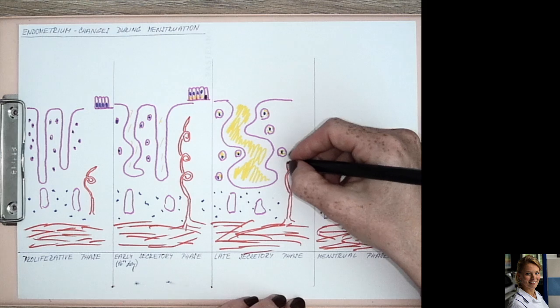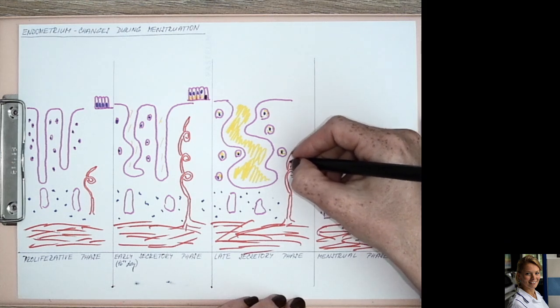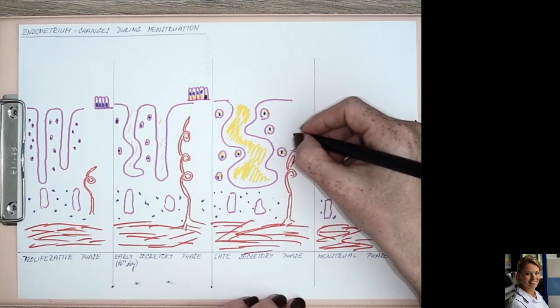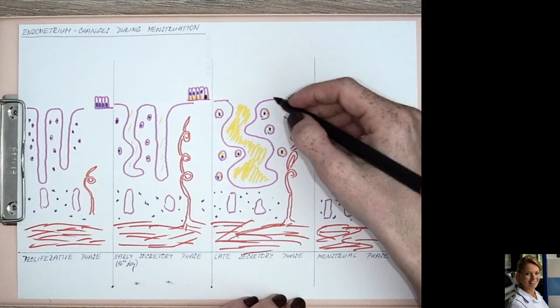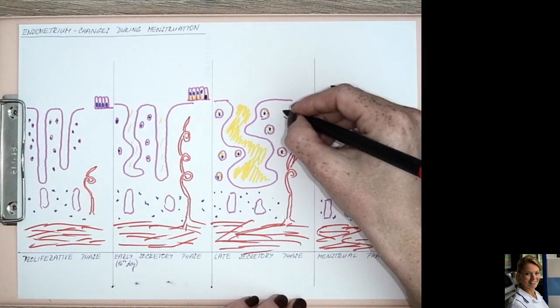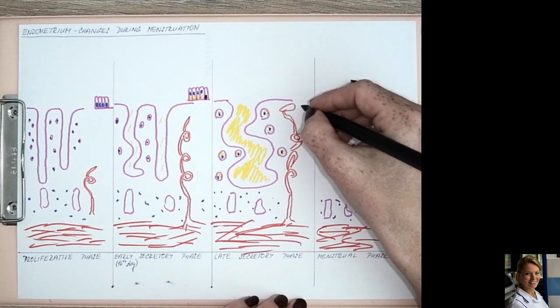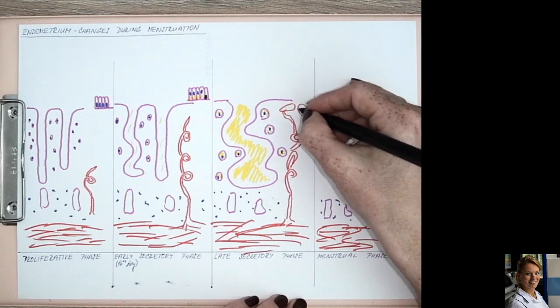And the coiled or spiral arteries in the functional layer, and in the upper layer you can find lacunes, anastomosing lacunes filled by blood.